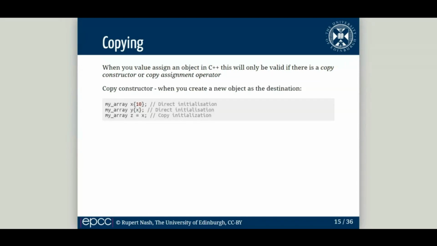A copy constructor is when you create a new object as the destination. You see here that I define my array x with 10, fine.